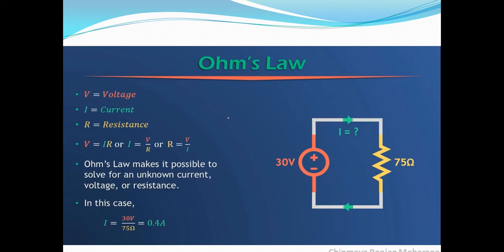And next, let's see an example. Here we connected a 30 volt source and a resistor of 75 ohm. Then what is the current value? By applying this law, we get the current value is 30 by 75, that is 0.4 ampere.